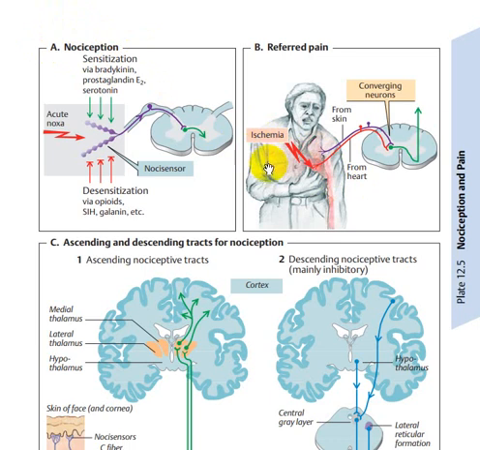Since the heart is a visceral structure, it is the autonomic or visceral sensory system which takes the impulses to the central nervous system.